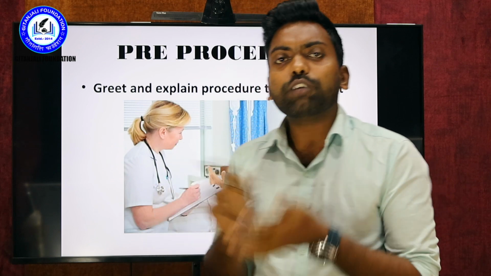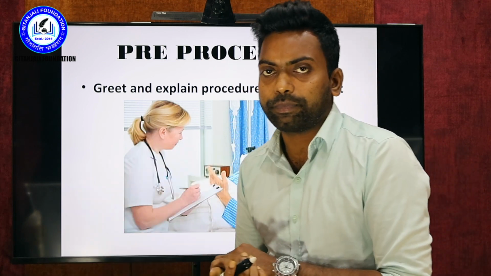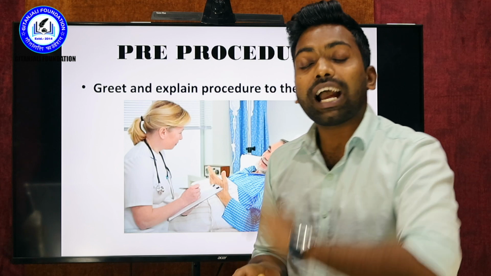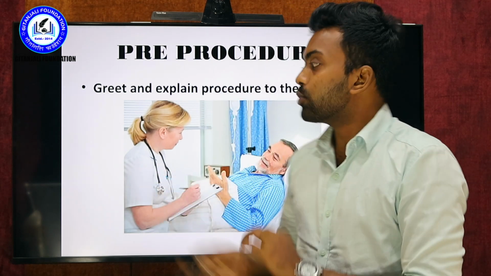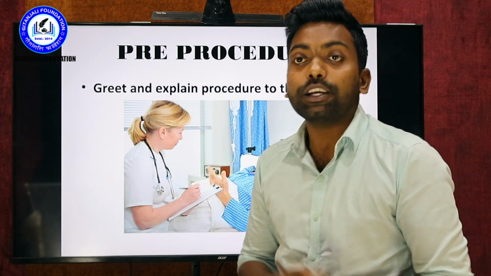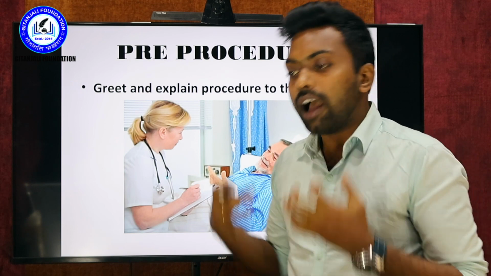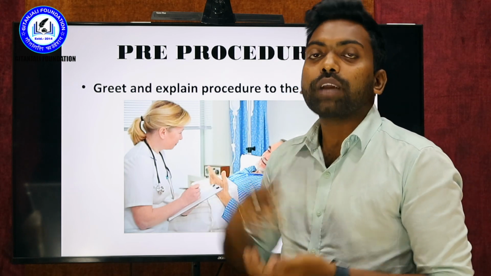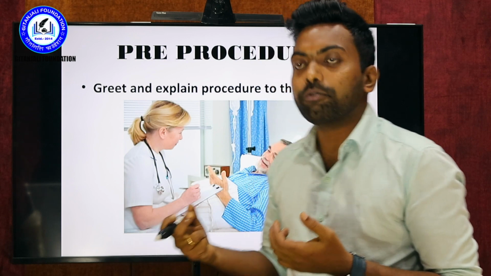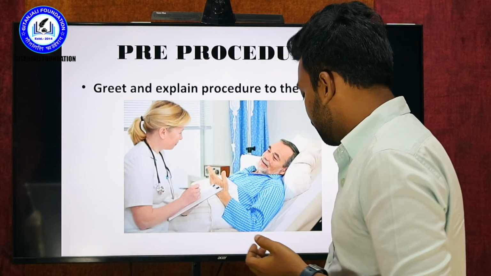That is called preliminary assessment, or preparedness. Prepare yourself and prepare the patient also. So, for example, Mr. Prasad, I am going to assess you and do some procedure for you. That is the meaning of this first step.